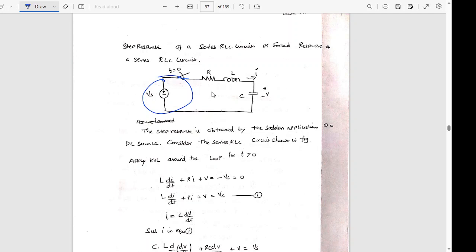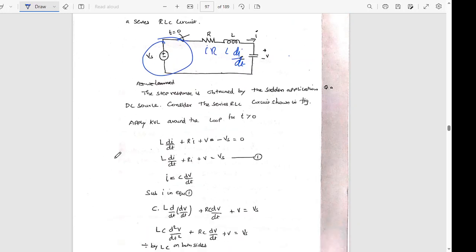The voltage across the resistor will be iR, the voltage across the inductor will be L di by dt, and the voltage across the capacitor will be V. If I apply KVL around the loop: minus Vs plus iR plus L di by dt, the current is entering positively, plus V equal to 0.